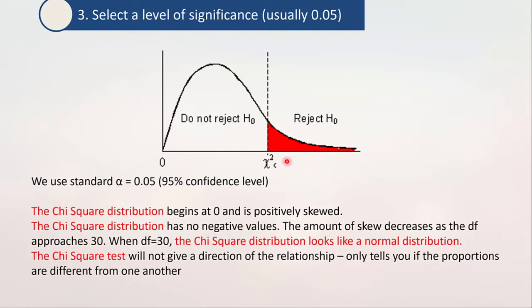When the degrees of freedom approaches 30, the chi-square distribution looks like a normal distribution. The chi-square test will not give a direction of the relationship. It only tells you if the proportions are different from one another, so we can either reject or not reject. It will tell you they are different or they are not different.